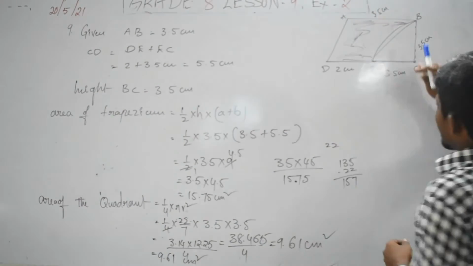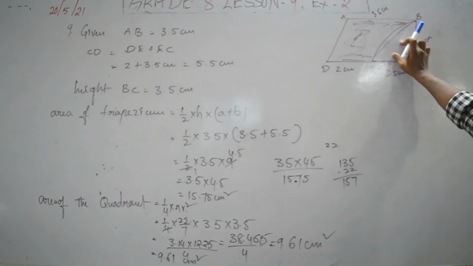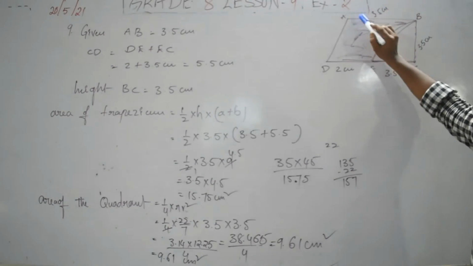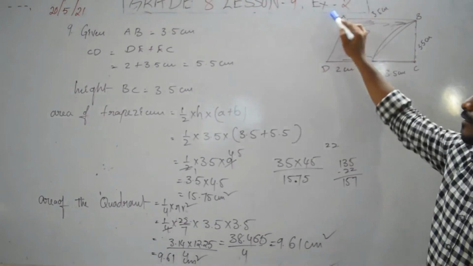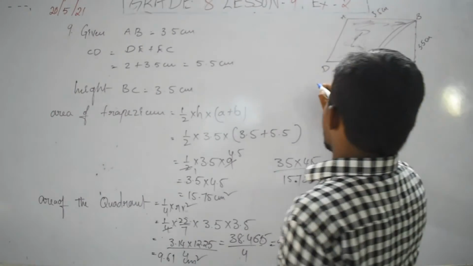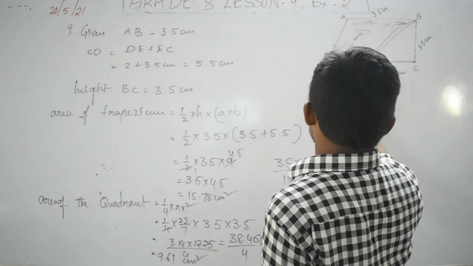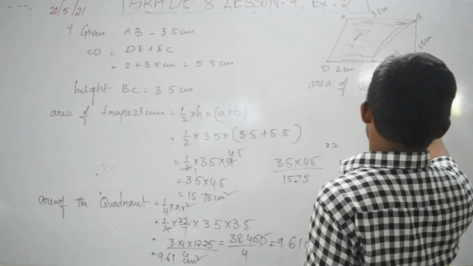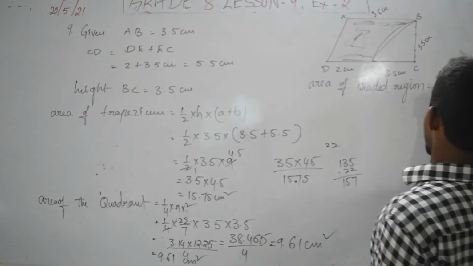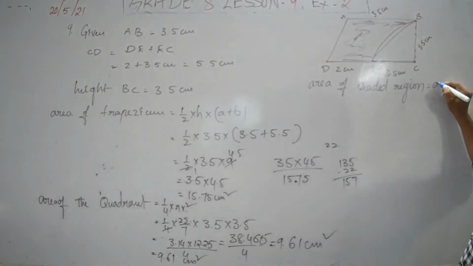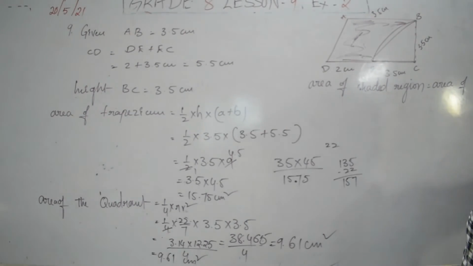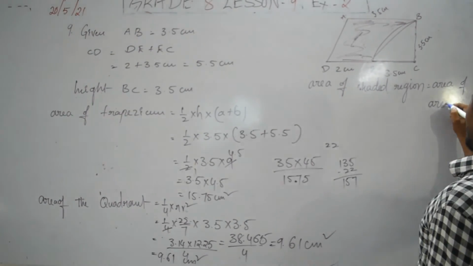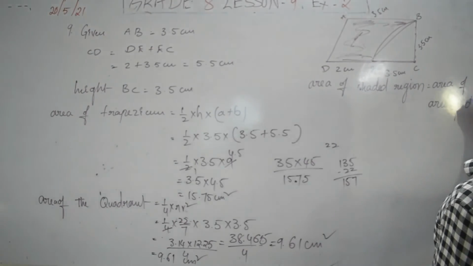Next one. So now we are finding this total area. Area of shaded region equals area of trapezium minus area of quadrant circle.